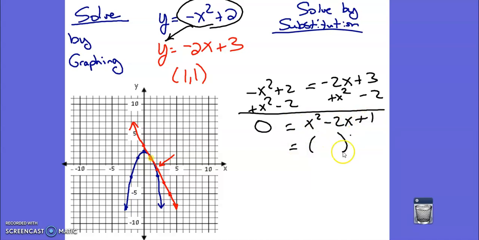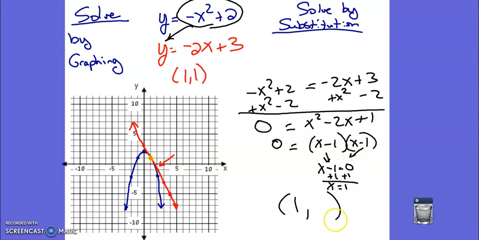So notice here, if I factor this, I get x minus 1, and you're going to get the same thing there. So we can see that there's only one answer on this. And when I substitute 1 back into the equation, I get 1. So (1, 1) is the only solution for this system of equations.